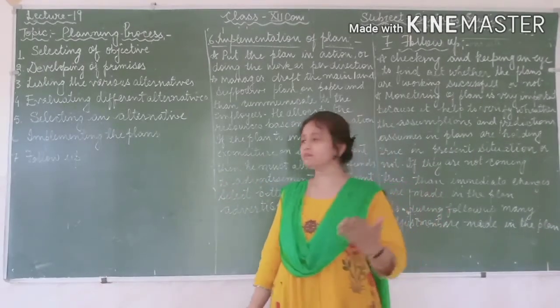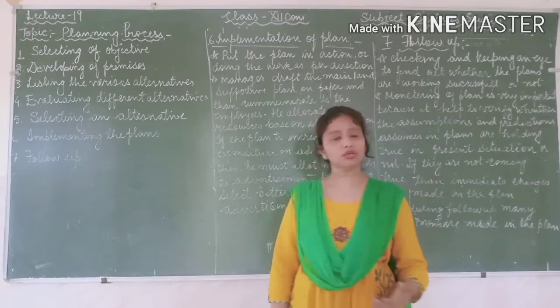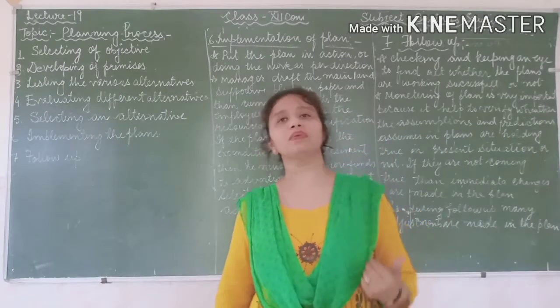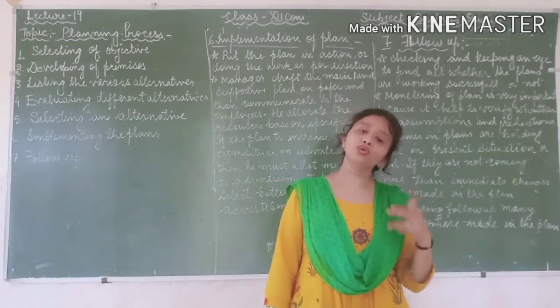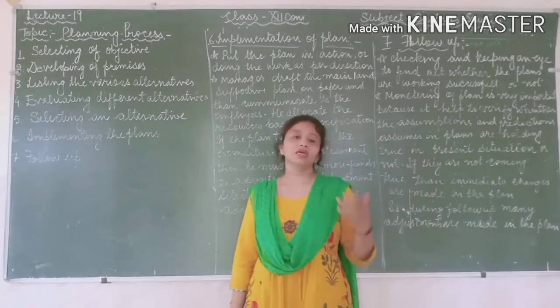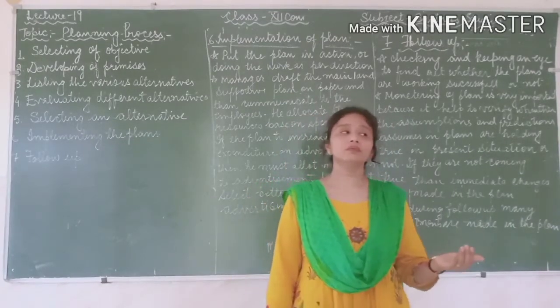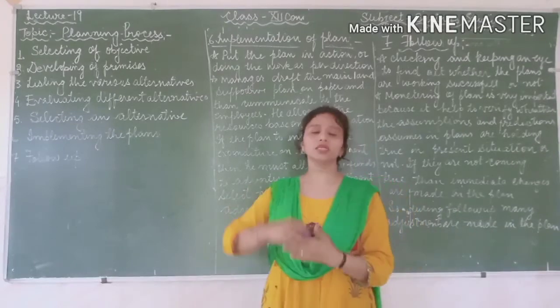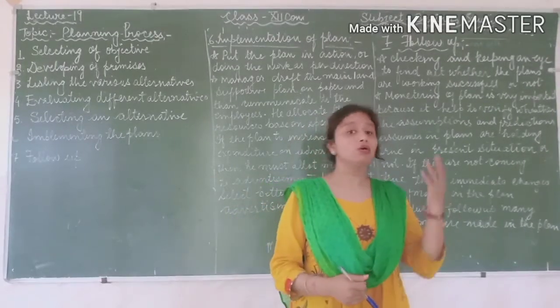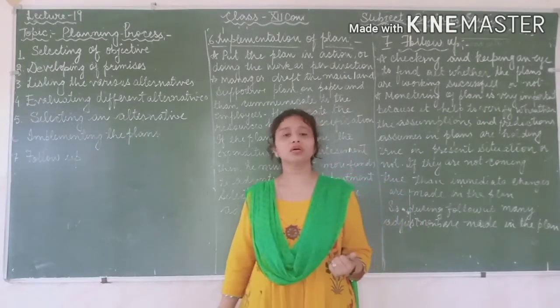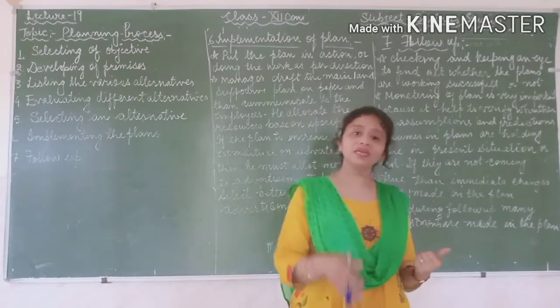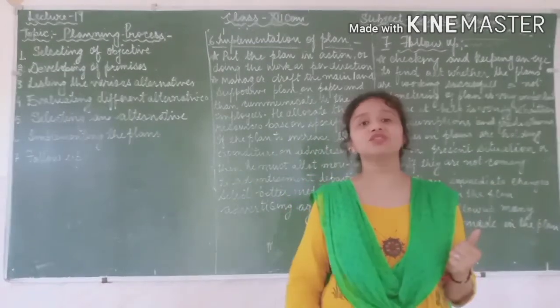For example, if the manager wants to increase the sale, it may be increased by increasing the line of product. It may be increased by offering a discount to the customer. It may be increased by increasing the marketing share.